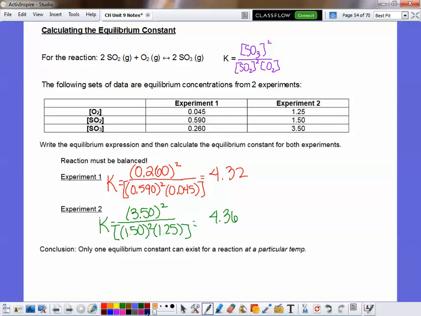What does this magnitude of K tell us about the reaction? How would you describe this K value in relation to 1? It's greater than 1. Therefore, which side of the reaction is favored? The reactants or the products?